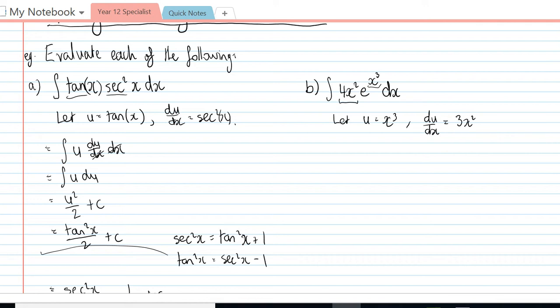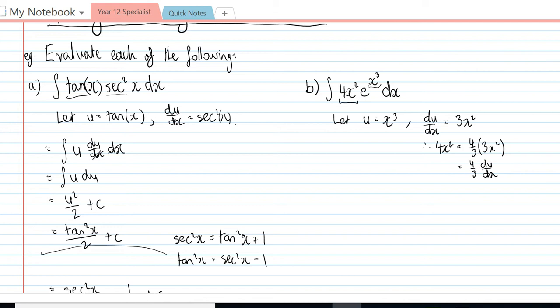Here I've got a 4x squared, so I need to multiply this 3x squared by something to make it into 4x squared. So 4x squared is actually just 4/3 of 3x squared, because the 3's cancel each other out, which means that it is 4/3 of du dx.